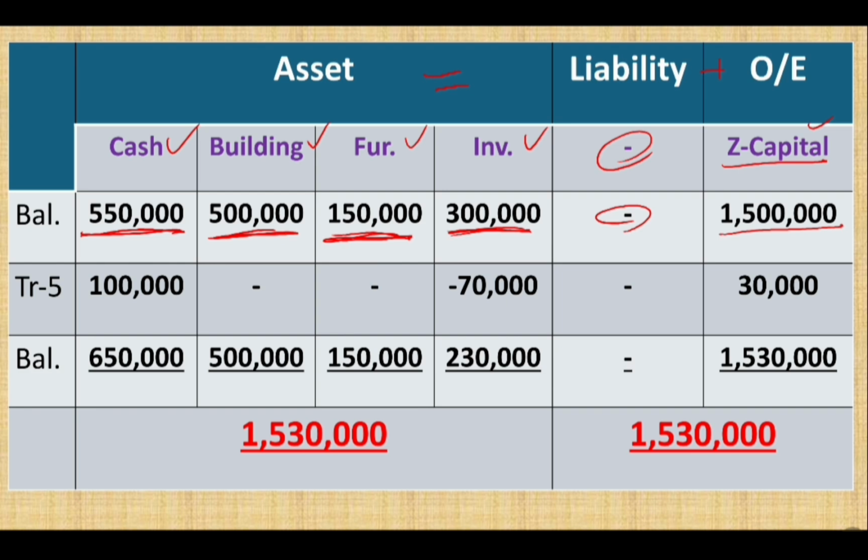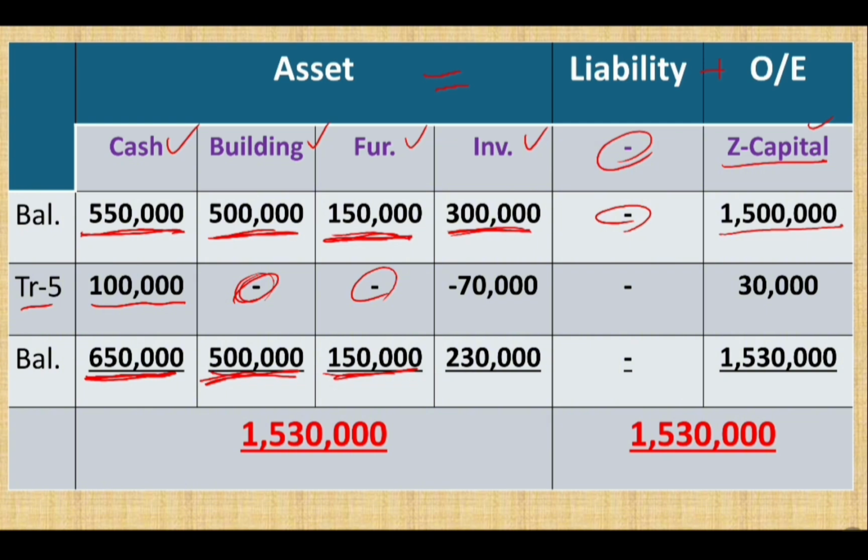1,500,000. In transaction 5, the inventory that we registered as 70,000 is sold for 100,000. So cash is increased by 100,000. The cash after transaction 5 is 550,000 plus 100,000, which is 650,000. The building remains the same. There is no change in building in transaction 5, therefore it takes 500,000.